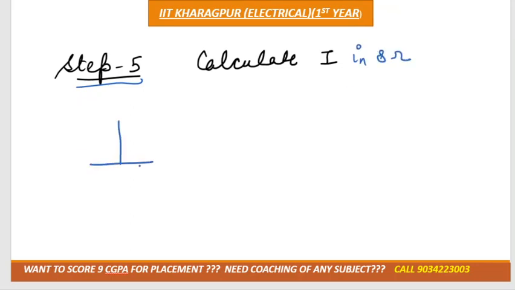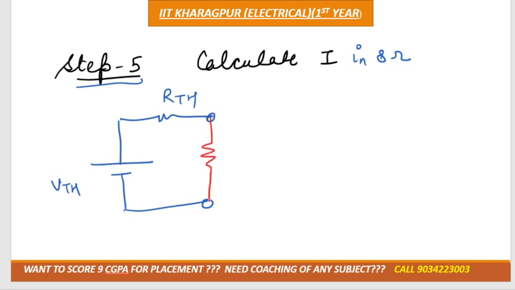We calculated VTH, right? VTH is connected in series with RTH. And in the starting step, we removed RL, so RL would be connected back to the A and B terminals. Now in this RL, that is 8 ohm, we need to calculate current.